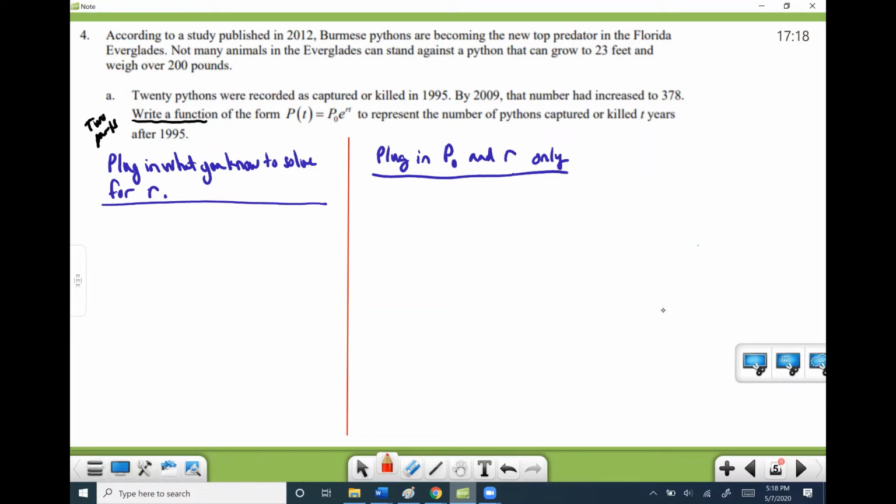So P of T, you guys, the P of T part is the number of pythons. So let me do all this stuff off to the side, okay? P of T is the number of pythons after T years.